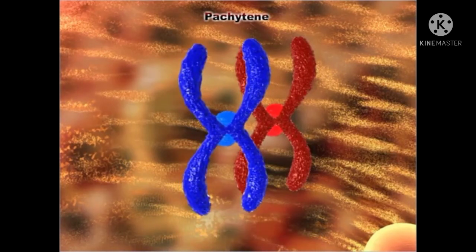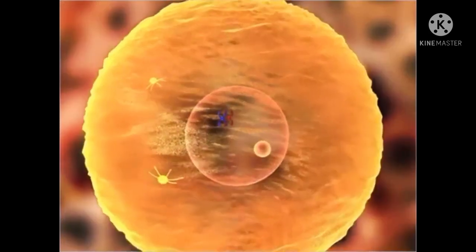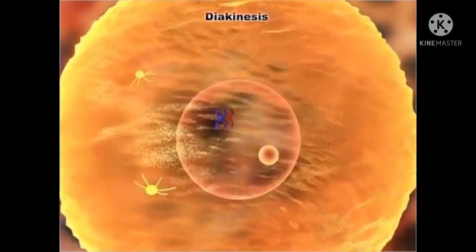This crossing over is what makes each individual unique and causes the recombination nodules to be visible. As crossing over completes, it marks the end of the pachytene phase.